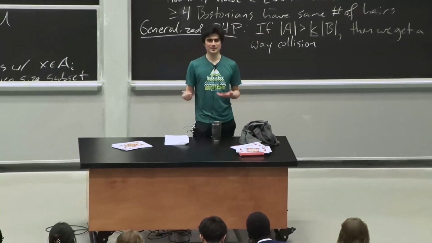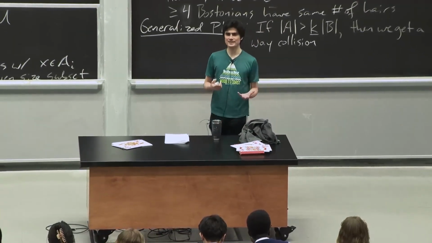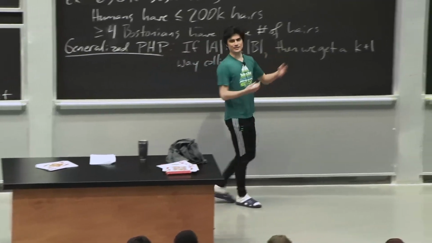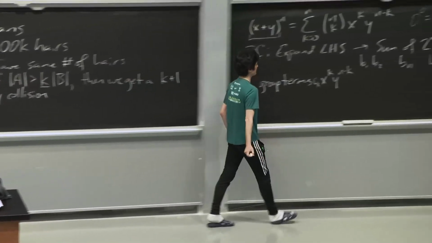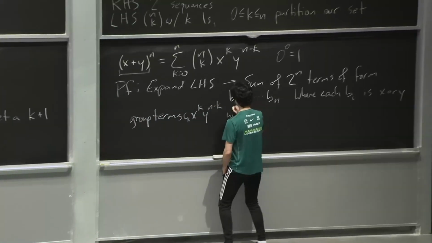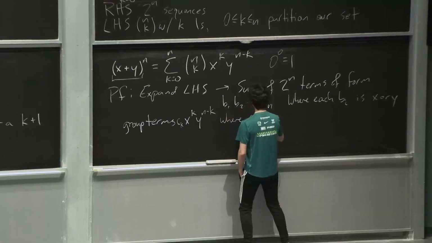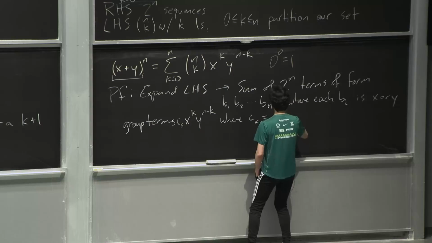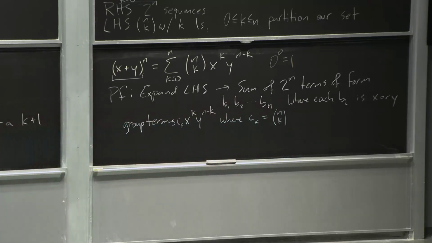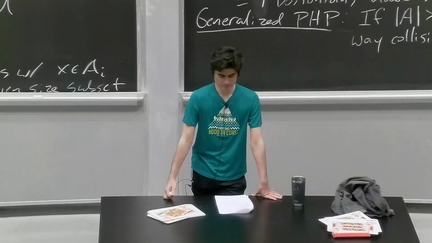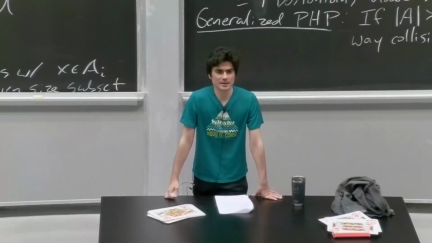So you've got n choose k possible ways to place the x's. The y's will be the remaining ones, and each of those gives you a different term. Okay? So c sub k is going to be n choose k, similar to above. Does that make sense to everybody?